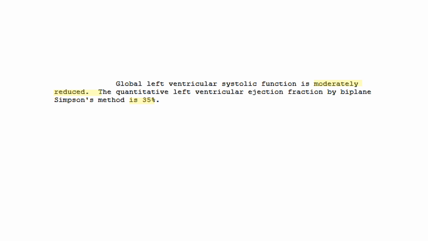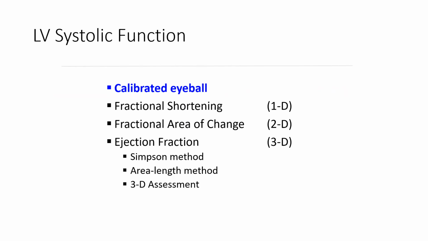Moving on to LV systolic function, you might see this written on the patient's echo report. There is a qualitative and a quantitative comment here that systolic function is moderately reduced, and ejection fraction is about 35%. So let's chat about what that means.